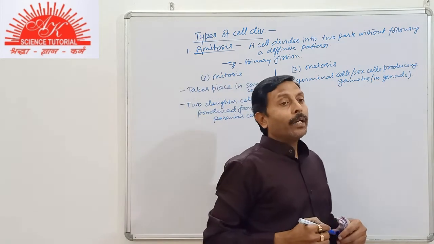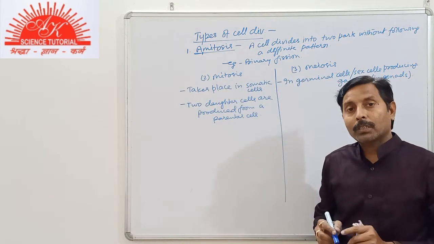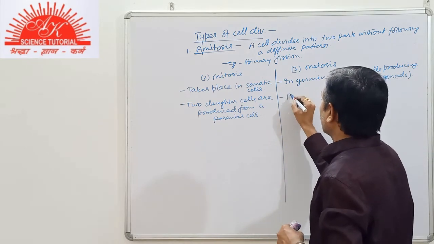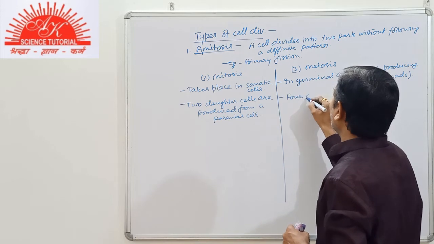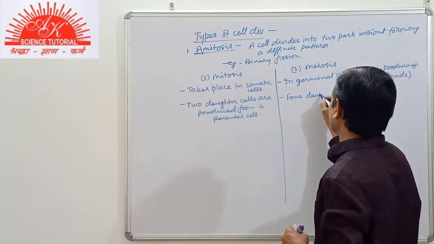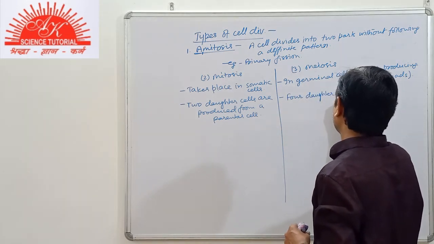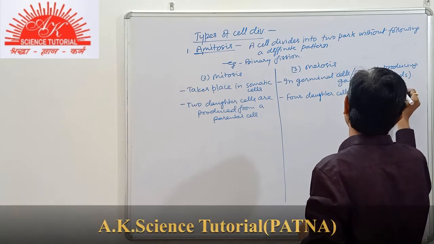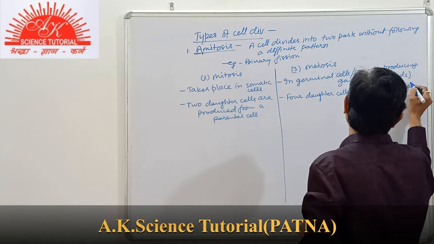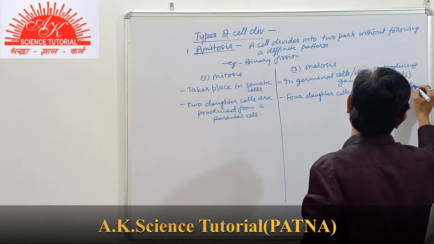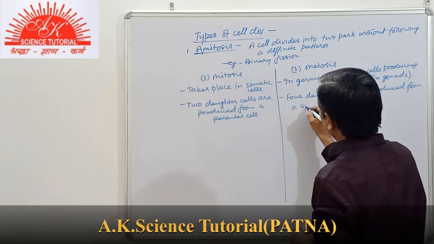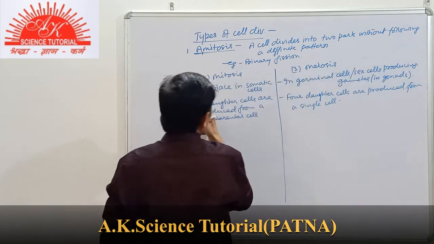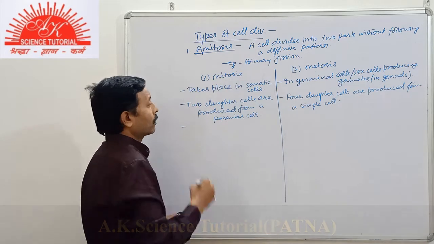This means when a cell undergoes mitosis cell division, then two new cells are formed. Here, four daughter cells are produced from one cell, from a single cell. So this is one point, the number of daughter cells produced.